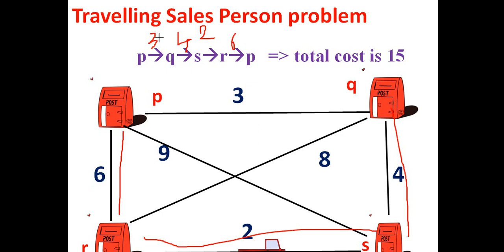Now add these values: 3 plus 4 is 7, plus 2 is 9, plus 6 is 15. That is our minimum cost. This is our job, to find the minimum cost, given a cost matrix or diagram. Is it clear? So now we'll see further details.